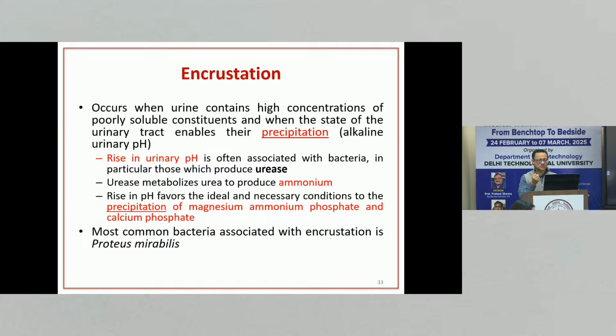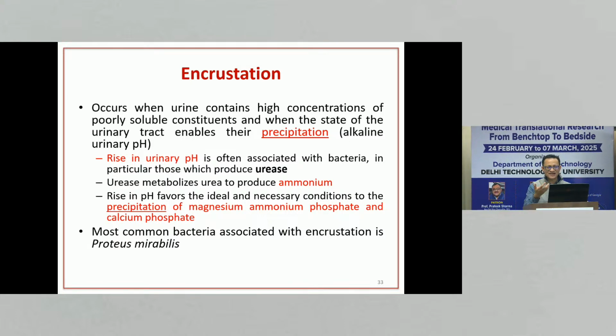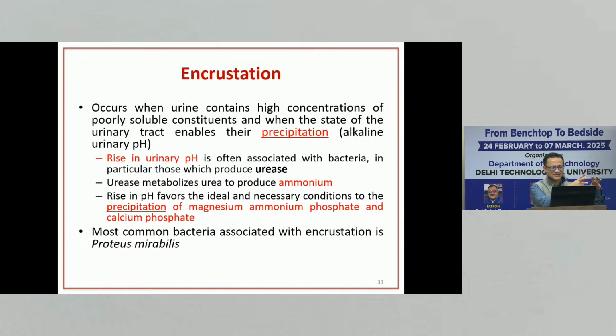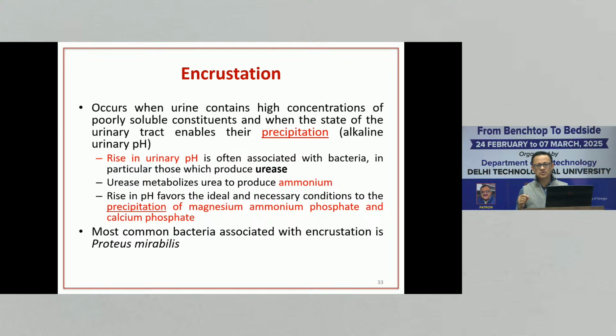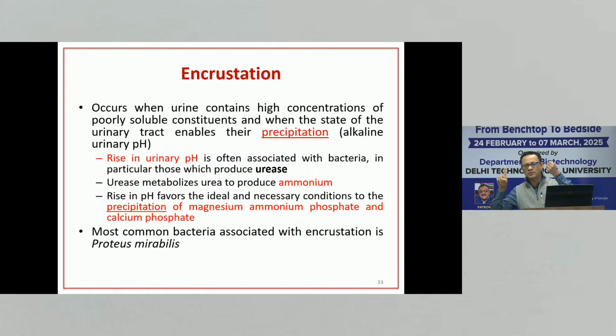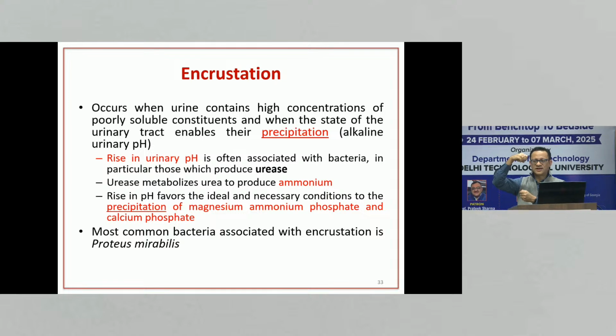But if the pH of the urine becomes more alkaline, these high concentration constituents start precipitating out. Okay, so now they start forming deposits on the urinary catheter. Next week we will talk about urinary catheters, but I don't know if you remember, if they put in a urinary catheter, there is this balloon, they fill it so that the catheter doesn't come out from the bladder, right?